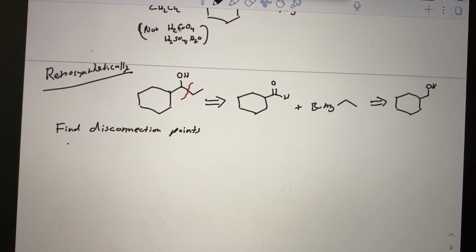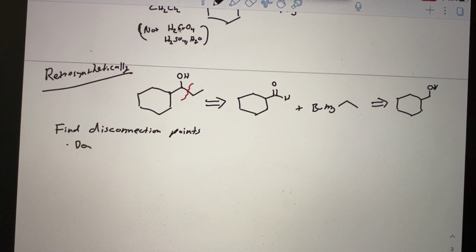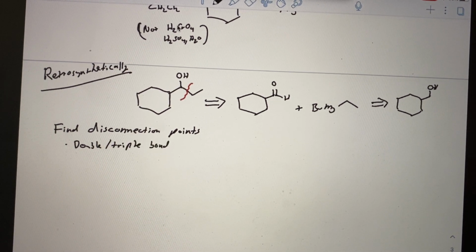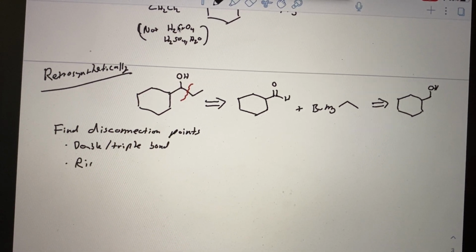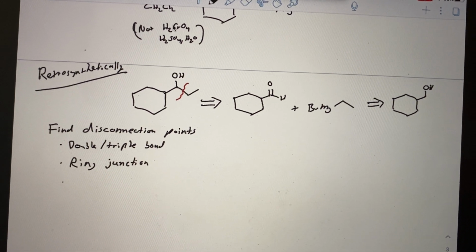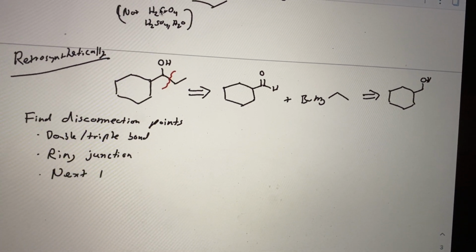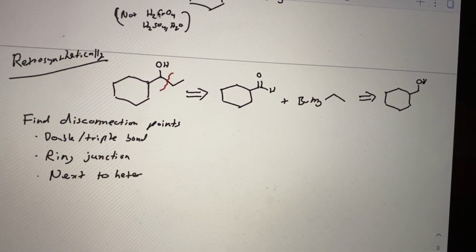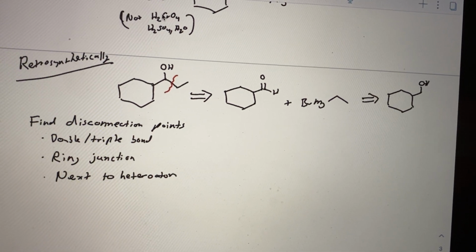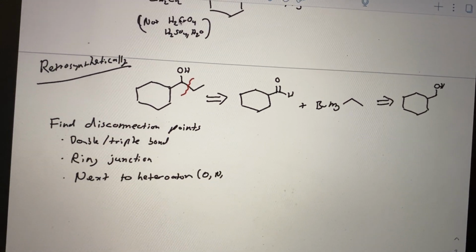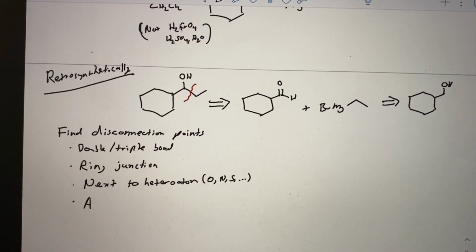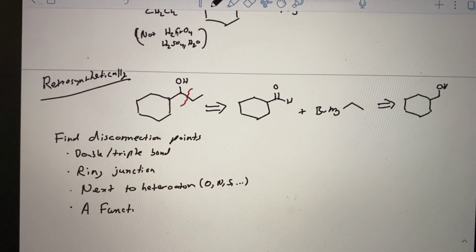And these are typically things like a double bond or a triple bond, a ring junction where 2 rings might come together, next to a heteroatom, such as oxygen, nitrogen, sulfur, so on, and then next to a functional group, or part of a functional group.